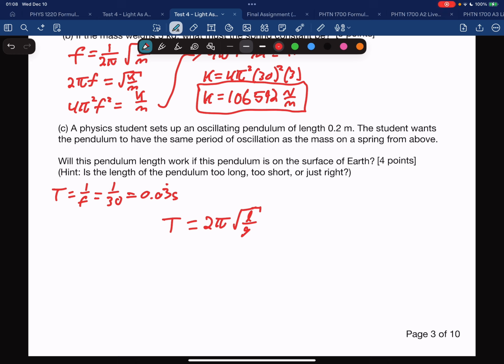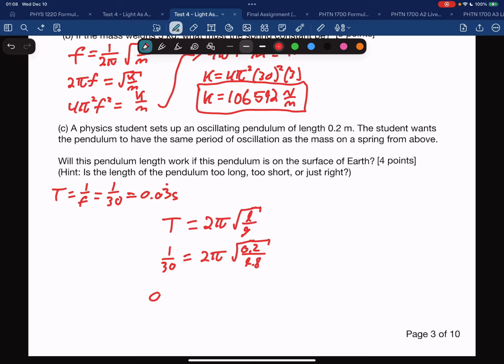And we just got our period there. And we can go ahead and plug in all the other numbers on the right. We have a length of 0.2 over 9.8, and we have 2 pi. So we can go ahead and calculate.